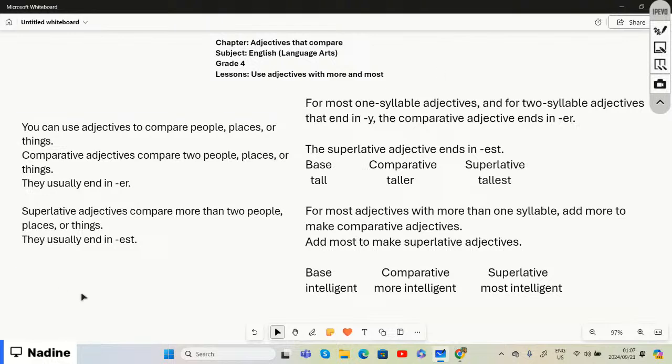All right. So remember we said an adjective is a word that tells us more about the noun. It either describes the noun, or it basically modifies the noun.